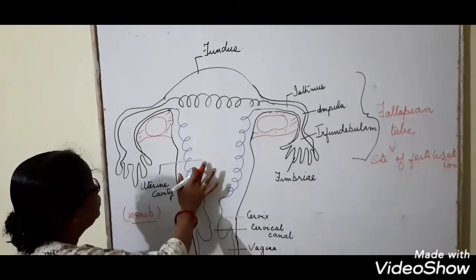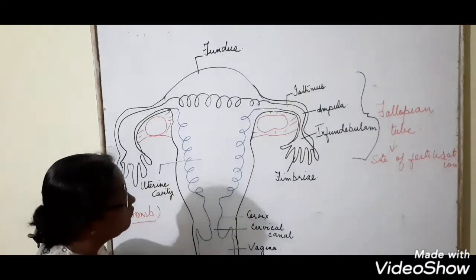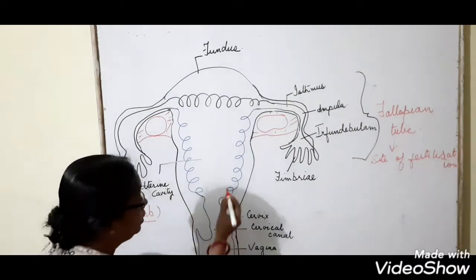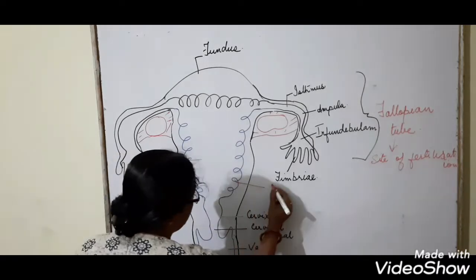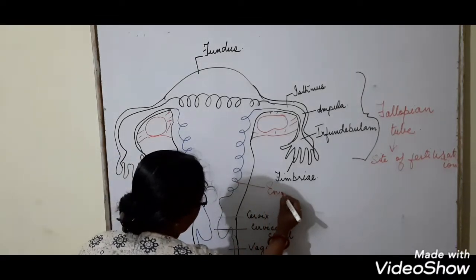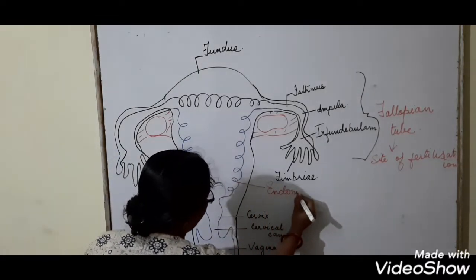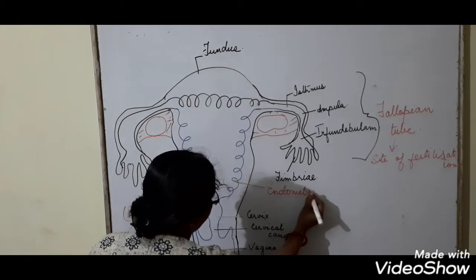Now the layers of the uterus. There are three layers of the uterus. The inner layer is known as the endometrium.